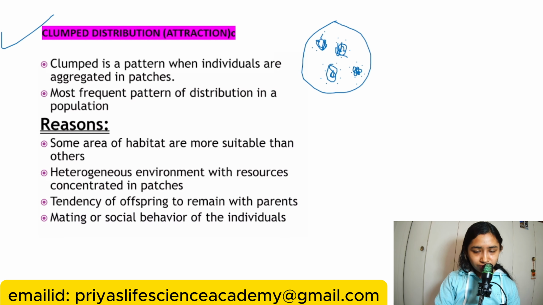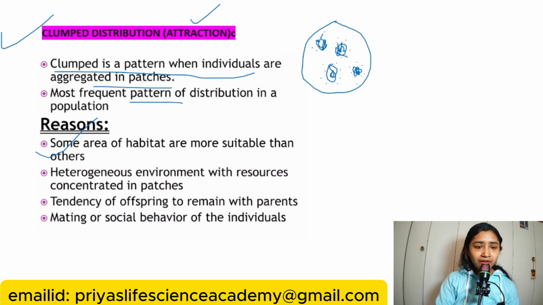There is another pattern, which is social behavior. Like us, social behavior also plays a role in clumped distribution. Many animals stay in herds or flocks, which is a result of attraction. So clumped is a pattern where individuals are aggregated in patches, the most frequent pattern of distribution. And what's the reason? Some areas of habitat are more suitable than others.